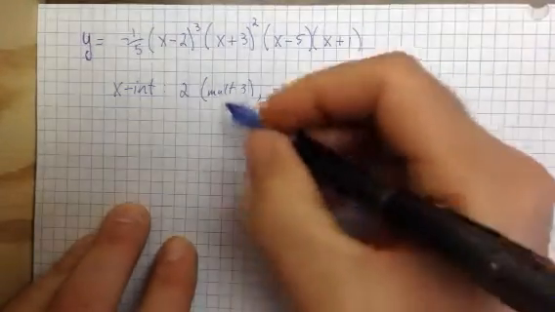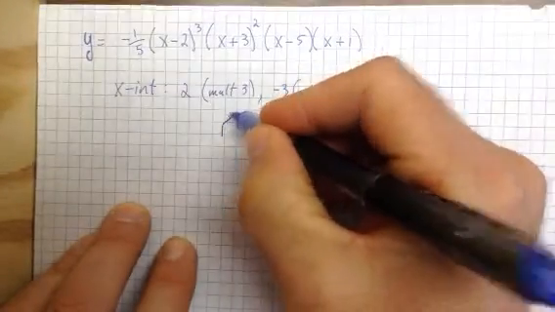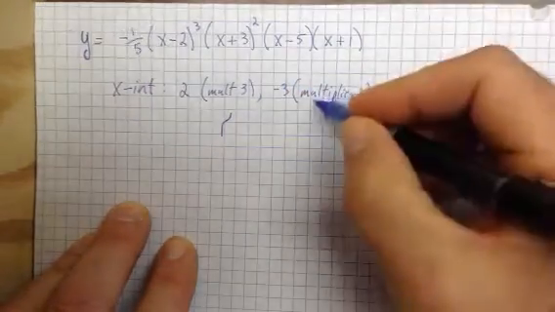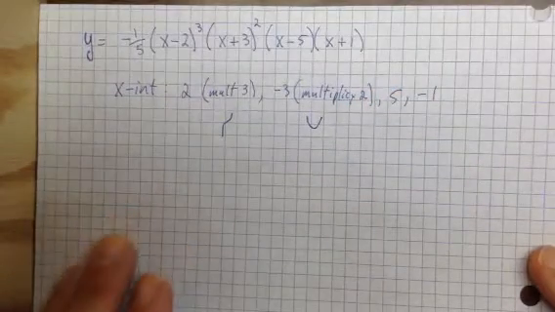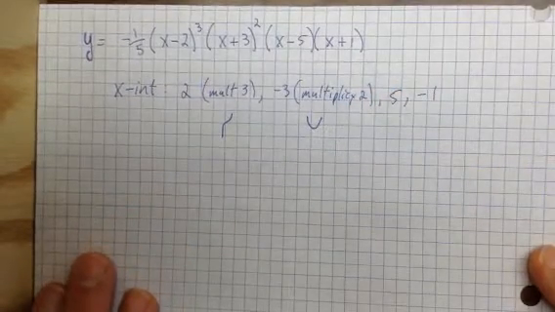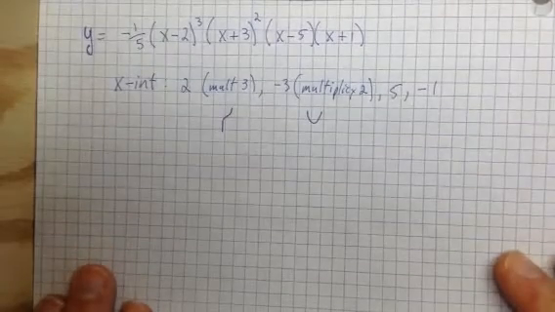Again, the multiplicity 3 means it's going to do something like that through the root, and multiplicity 2 means it's going to do something like that through the root, or the x-intercept.